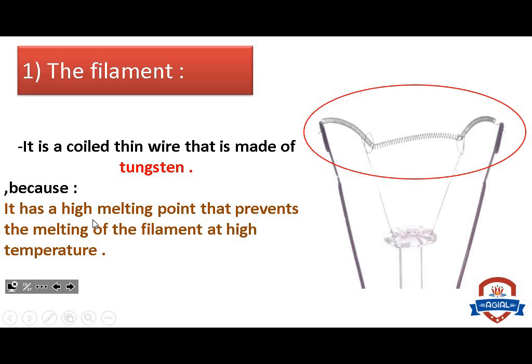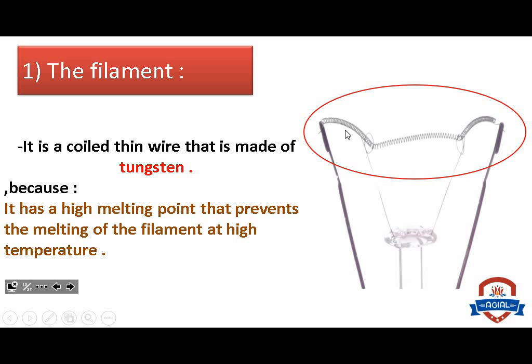Because it has a high melting point that prevents the melting of the filament at high temperature. So, why did the scientists choose tungsten to make the filament? Because tungsten has a high melting point that prevents the melting of the filament at high temperature.